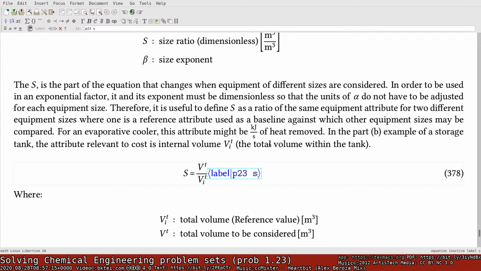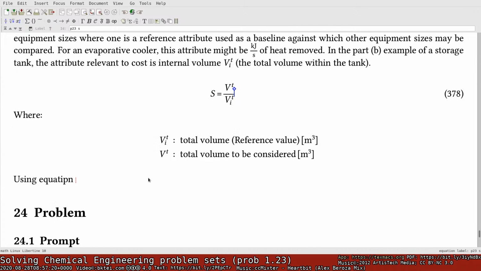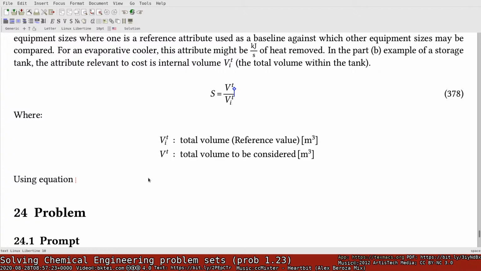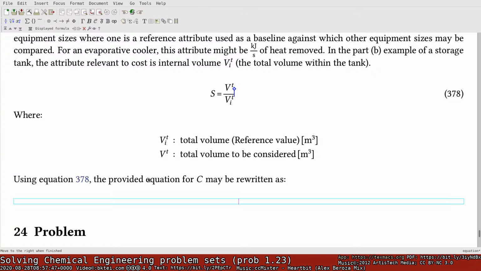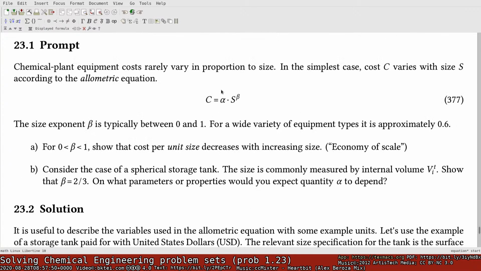Yeah, problem 23 S, just simply S. Using the equation meta shift question mark problem 23S, the provided equation for C may be rewritten as, and then let's go ahead and do it. Did we use it? We did not. Okay, so let's just go ahead and copy that.